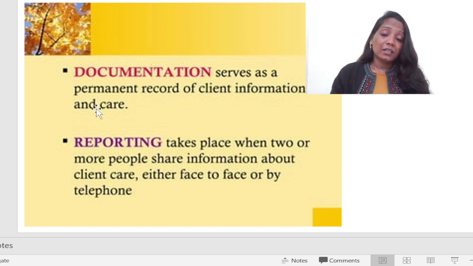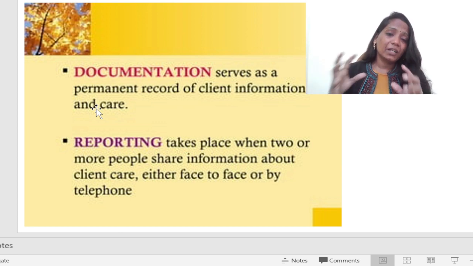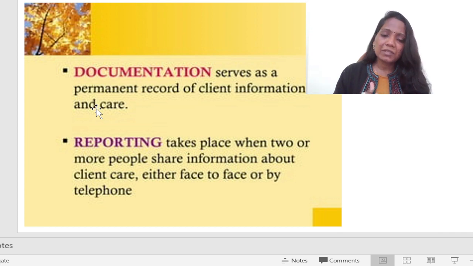I think this is very valid and useful, especially when we are claiming any insurance or any death claims, like accidental deaths or any emergencies. This documentation really serves a legal purpose for most of the clients. Documentation is a permanent record of client information and care.